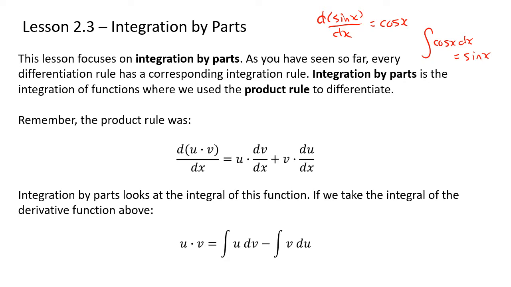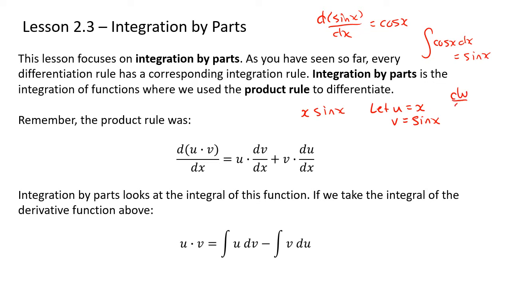Remember with the product rule, we had two functions multiplied together. Let's say we have x times sine of x. When we multiplied them together and used the product rule, we let one function be u, let's call it x, and one function be v, which would be sine x. Then we found the corresponding derivatives.